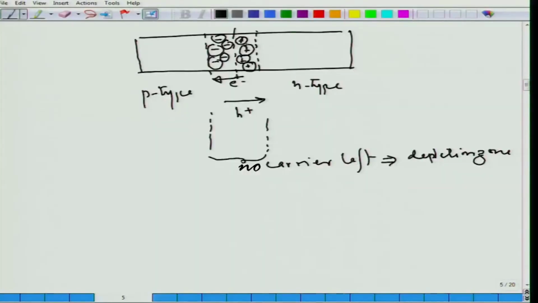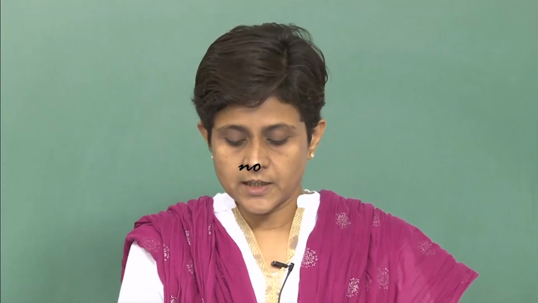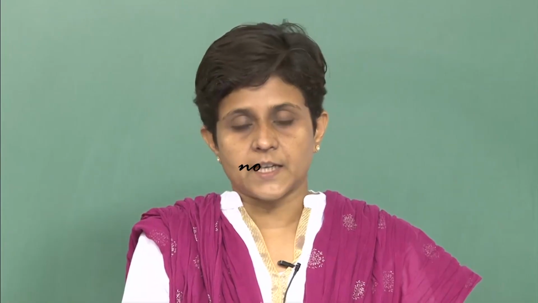As you can see, there is positive charge here and negative charge here, so it leads to a field in this direction, and this field opposes this motion. If the electrons continued to move from the n type to the p type, eventually nothing would be left, but because of this field, electrons are going to be moving from p to n type, while because of the concentration gradient they are going to be moving from the n type to the p type.